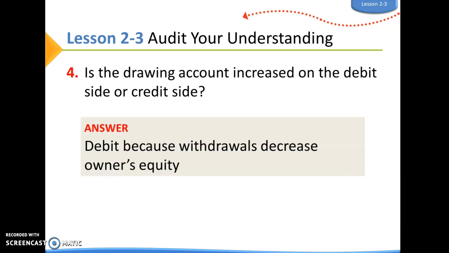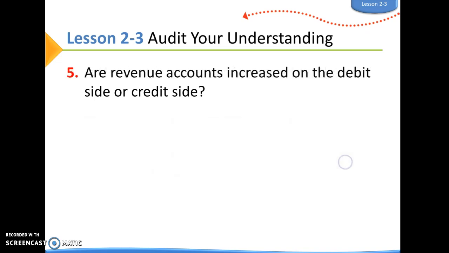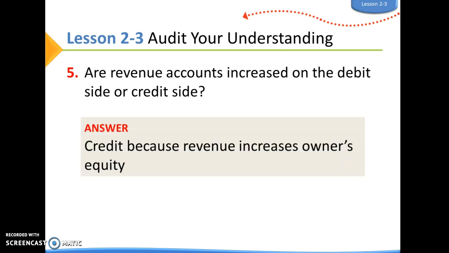Debit, because withdrawals decrease owner's equity. Are revenue accounts increased on the debit side or credit side? Revenue accounts, do you know? I think it's credit. Should be credit because it increases owner's equity. Okay.